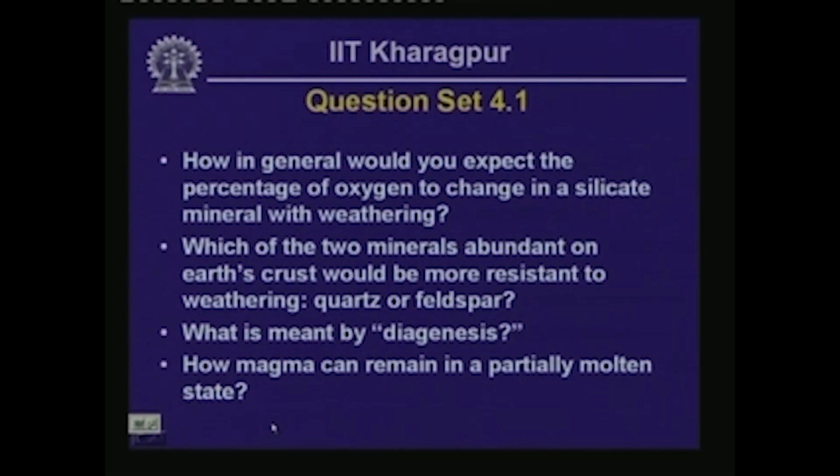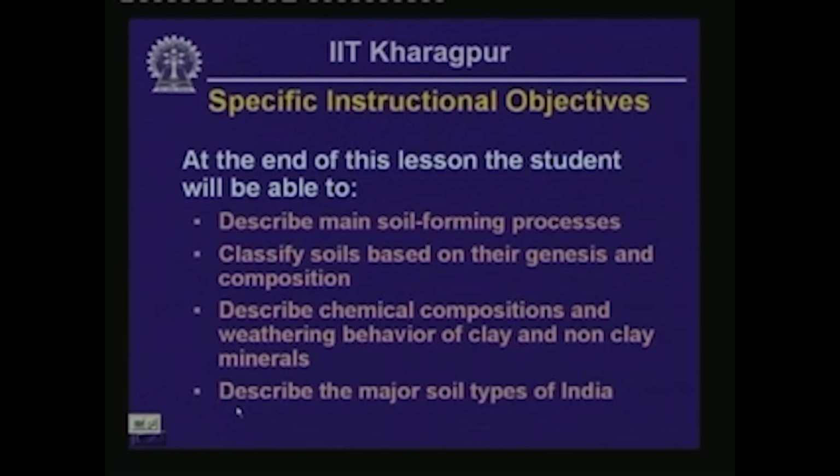So basically magma could remain in a molten state because of the difference in melting points of the different mineral species contained within the body.